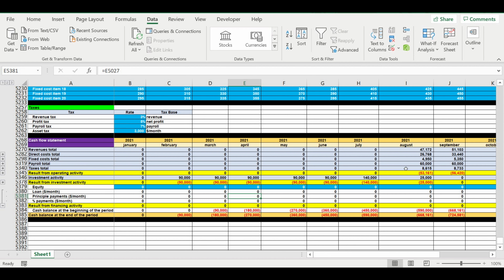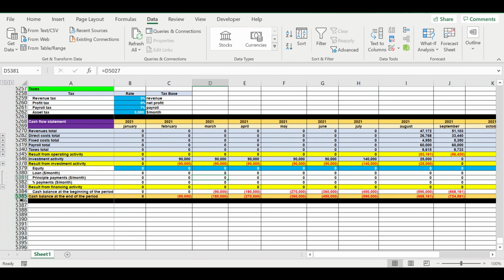First of all, you can do it manually. The general rule for this is that the cash balance at the end of the period, so the last line of the cash flow statement, must be equal to zero or more than zero. If you have negative values in the cash balance at the end of the period, this means that you don't have enough money to start the business.